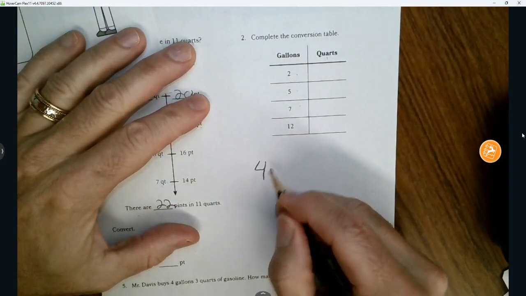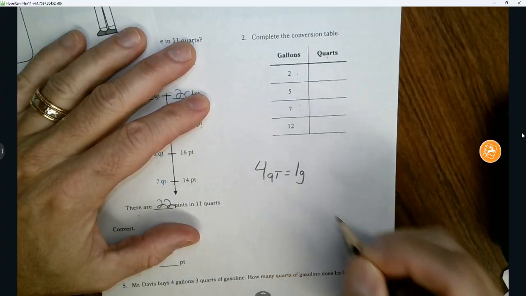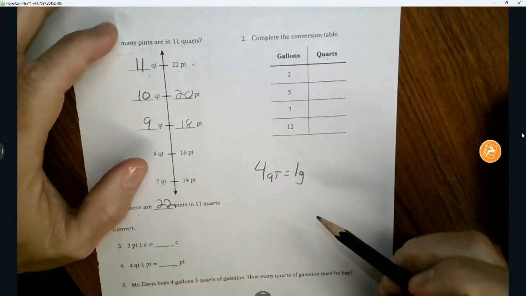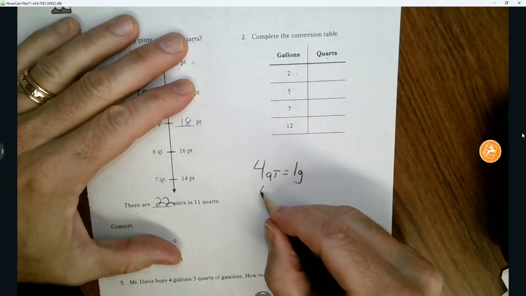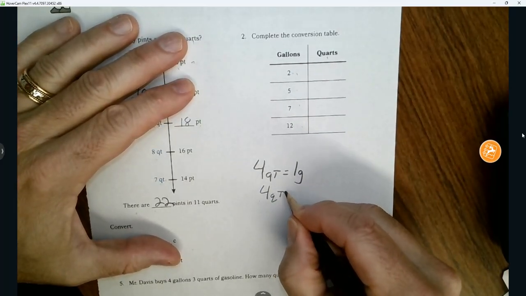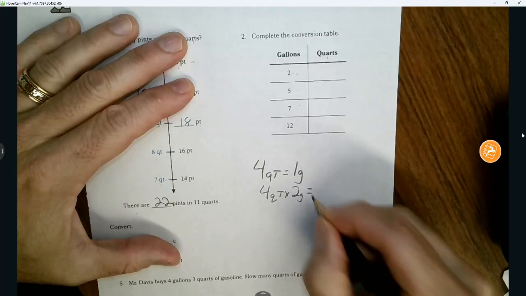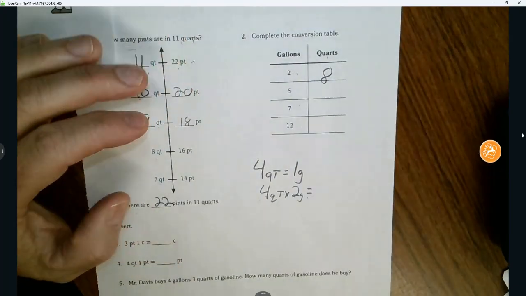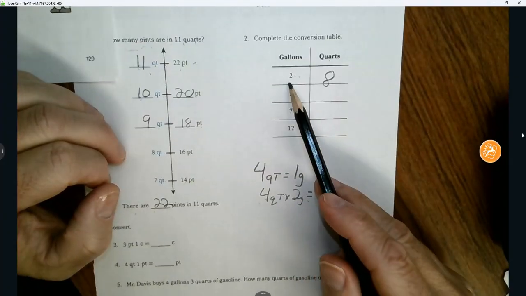So 4 QT equals 1 G. So just plug this in. How many gallons do we have? 2. So I'm going to say 4 QT times 2 G equals, so 4 times 2 equals what? All right, it's 8 quarts. So 2 gallons is 8 quarts.